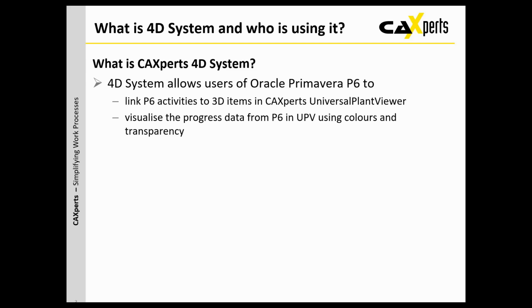So this demo is getting a little bit technical. So I assume we have a lot of UniversalPlantViewer users in here and also some users of P6. So to understand this fully, I recommend that you talk to your colleagues. So the P6 people should talk to the UPV people and the other way around to get the full picture of this tool.